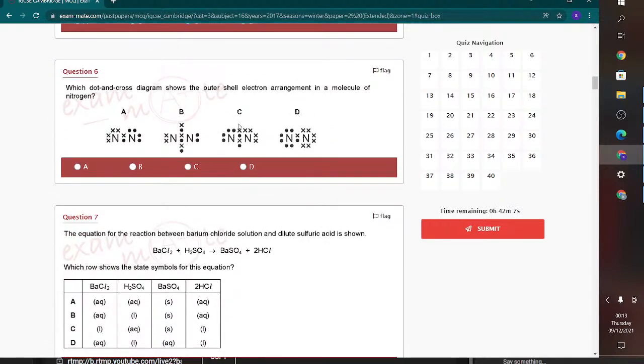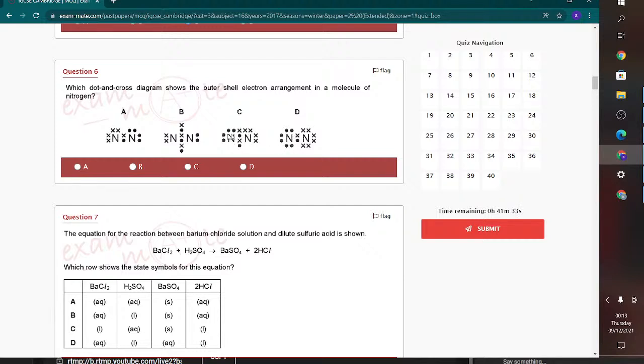Which dot and cross diagram shows the outer shell electron arrangement in a molecule of nitrogen? Nitrogen forms triple covalent bonds, right? Okay, so 1, 2, 3, 4, 5, 6. This is incorrect because it cannot have 6 electrons in the outermost shell. 1, 2, 3. No, this is not correct. 1 to 8, this looks legitimate.